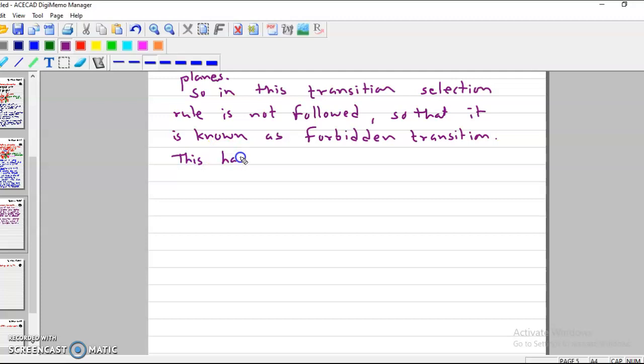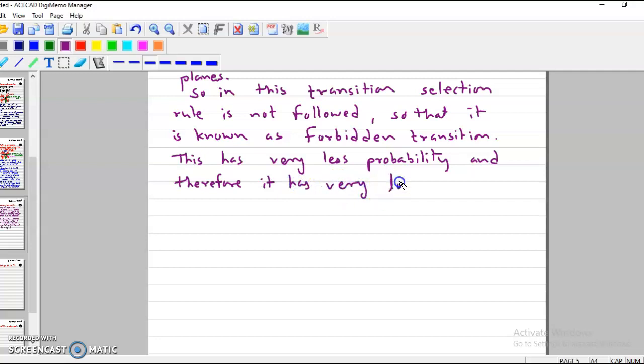This has very less probability and therefore it has a very low intensity. That is, the value of epsilon maxima would be less than 100.